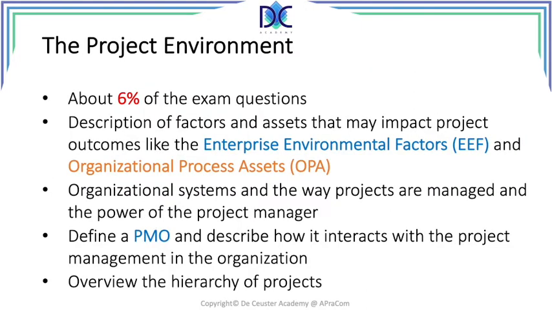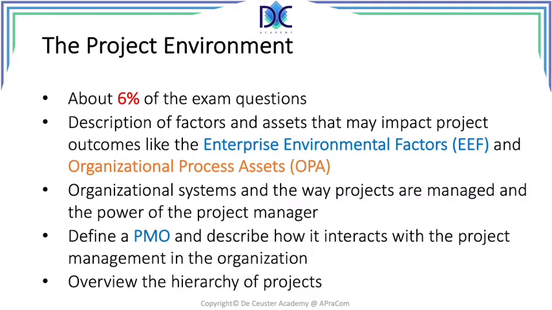The second chapter is the project environment, again 6% of the exam questions. Here we look at the factors and assets that may impact project outcomes, and we talk about the enterprise environmental factors, the EEFs, and the organizational process assets, the OPAs. What are they?